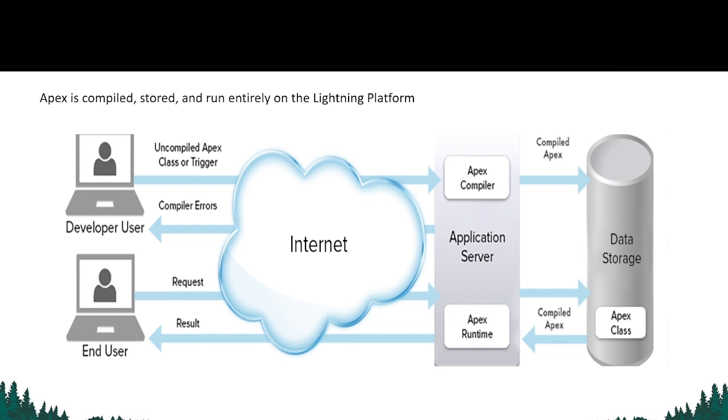With the help of the developer user, we have uncompiled Apex classes and Apex triggers. From here we use the Apex compiler, and the compiled Apex code is generated and saved in the data storage, and any compiler errors are given to the developer user.